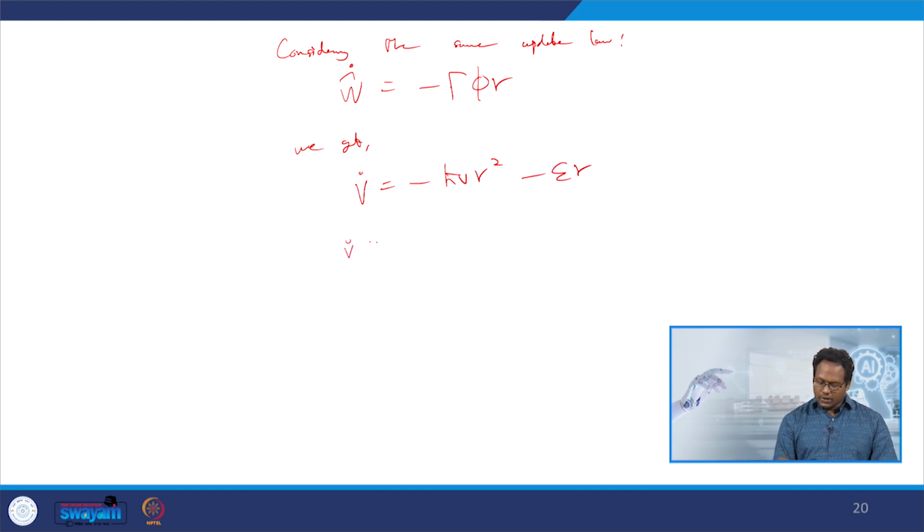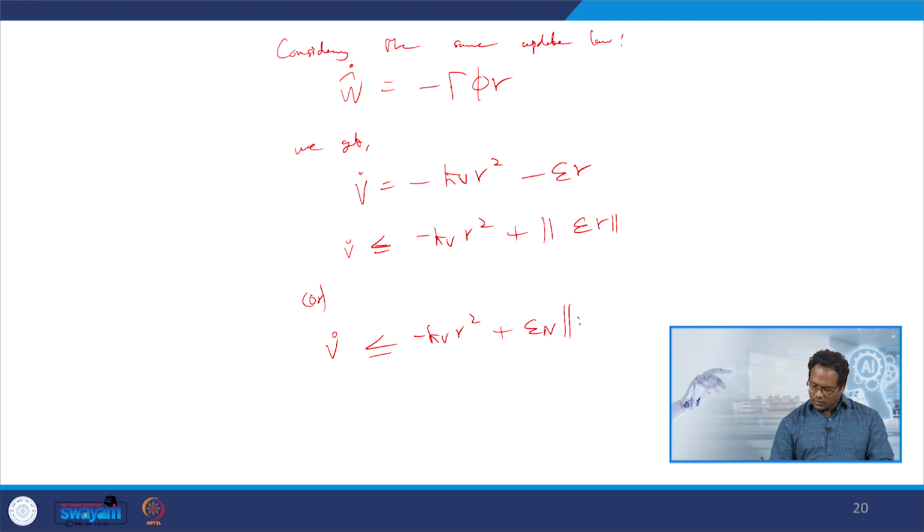Now, V dot can be further expressed as V dot less than equal to minus kV r square plus norm of epsilon r, or V dot is less than equal to minus kV r square plus epsilon n norm of r, because we have epsilon bounded by epsilon n.